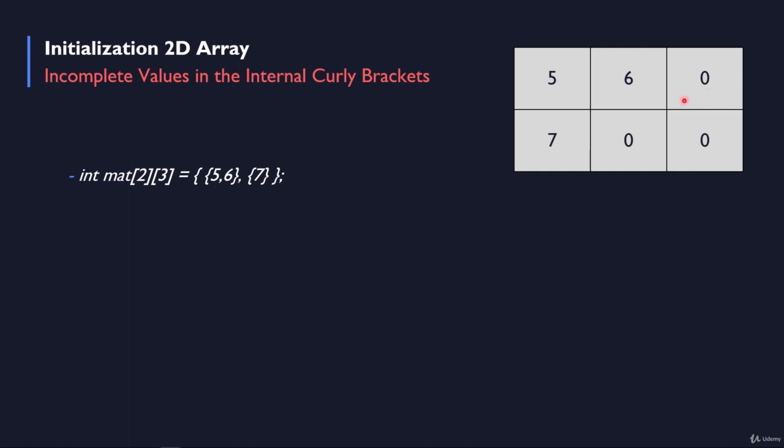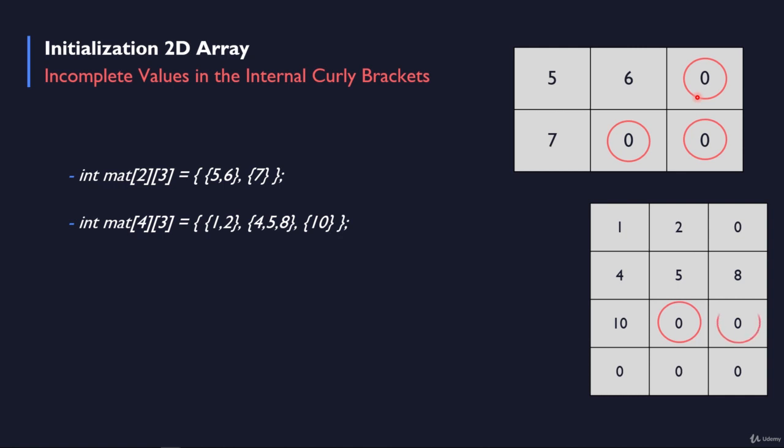So for the first row, we will add just 1 zero, and for the second row, we will add these 2 zeros at the end, just to fill this two-dimensional array so that it will not have any uninitialized values. So the values that we know should be there, and also the values that we don't know or maybe are not sure yet what they should be, let's just pad them and set them to be 0.